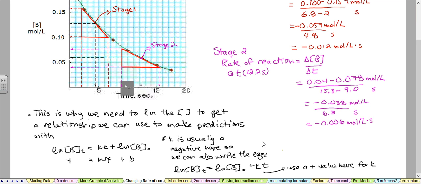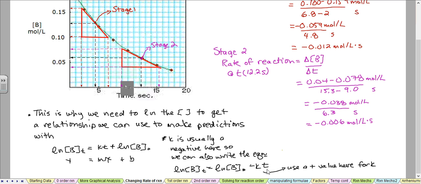One of the things that will happen when you do ln is it will flip the signs a little bit. Usually our rate constant is negative because we are getting lower over time in terms of our concentration. But it's much easier when we do the math for lnning that we just make our mx, or our kt, a negative. And you'll see why that's the case in a second.